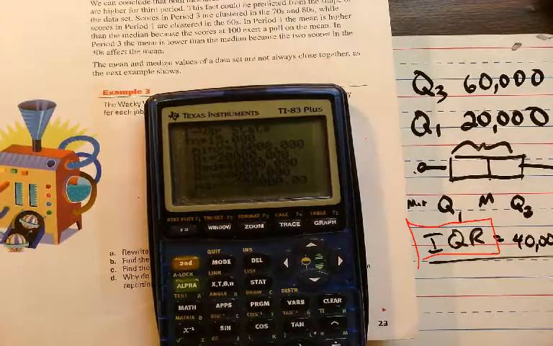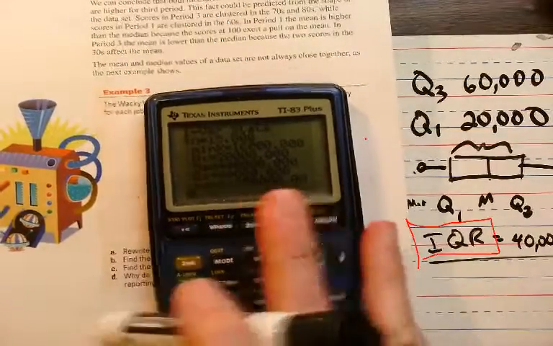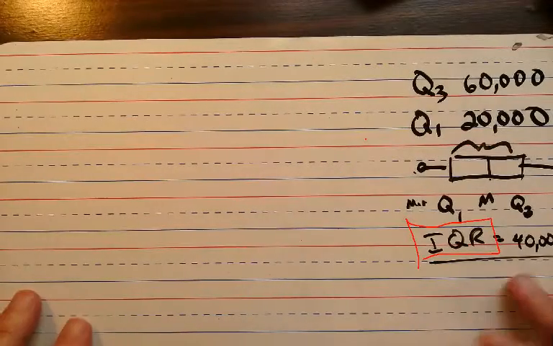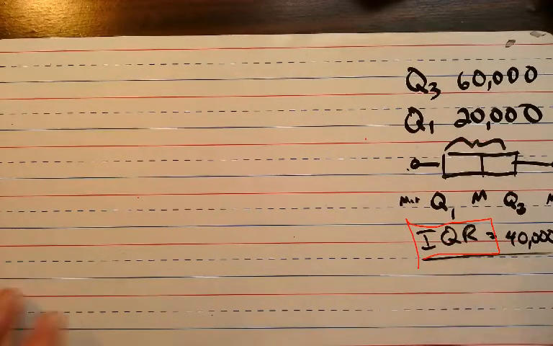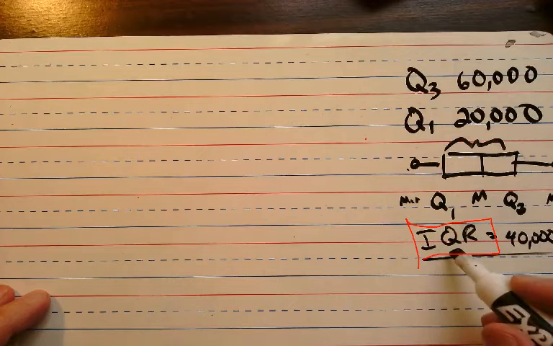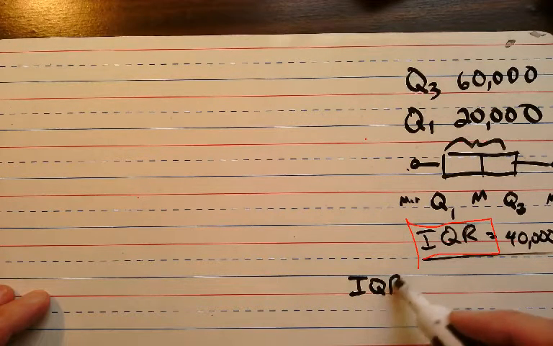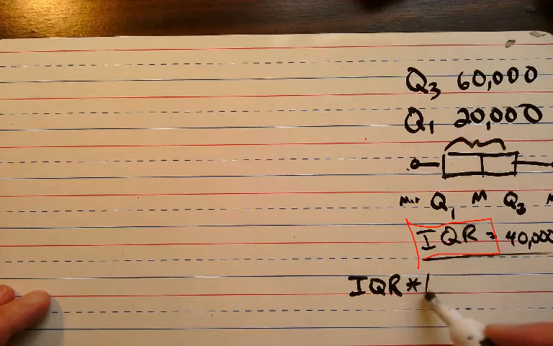Well, in order to find an outlier, which is what we want, what we have to do is take the IQR and multiply it times 1.5.